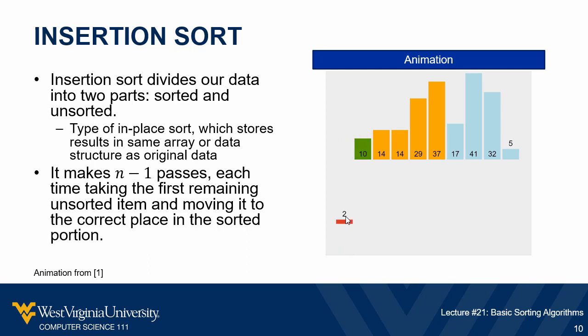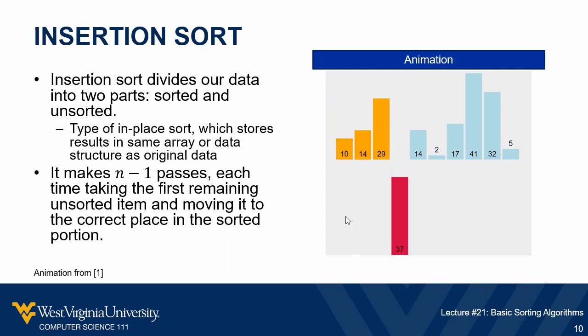Then we'll take a look at the third item. We'll shuffle stuff around so that the first three items are sorted, and so on until we get all the way through our entire data set. It's going to take n-1 passes, where n is the number of items that we have, in order to get everything sorted into the location where it needs to be.